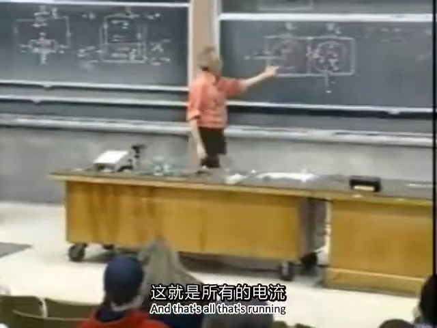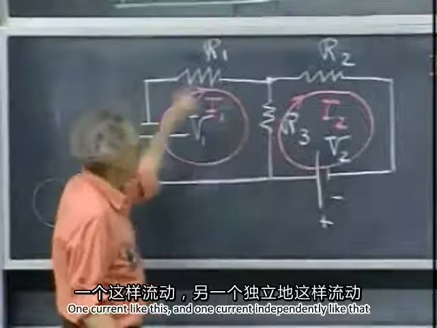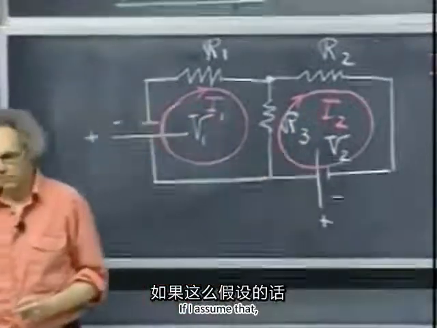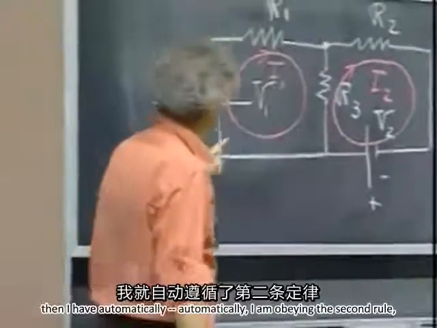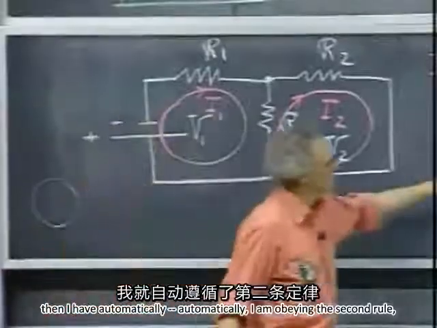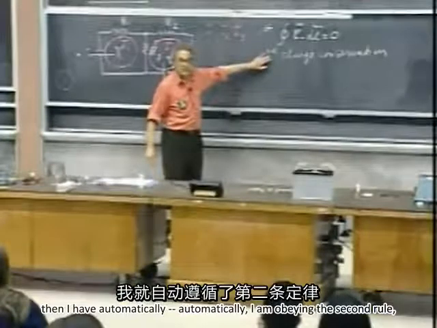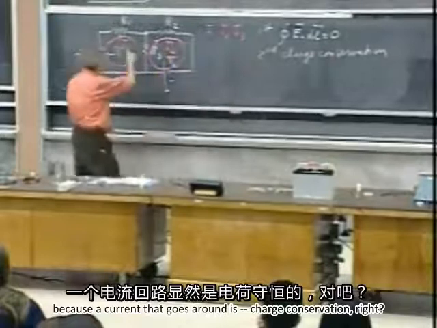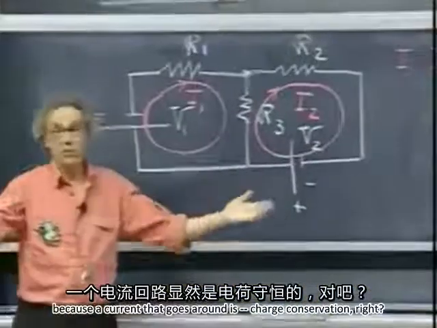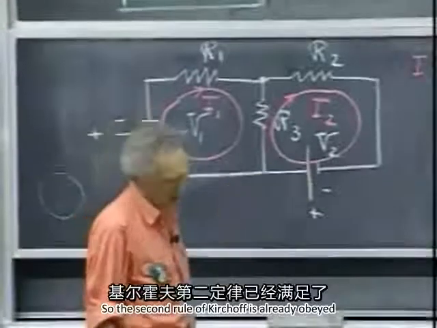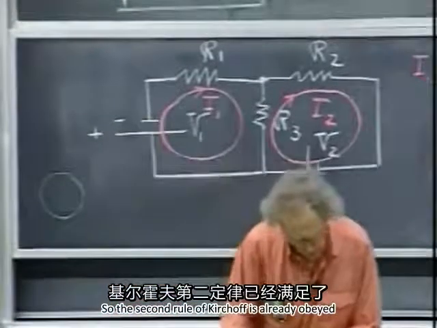And that's all that's running. One current like this, and one current independently like that. If I assume that, then I am obeying the second rule, because a current that goes around, there's charge conservation, right? There's no charge piling up. So the second rule of Kirchhoff is already obeyed.